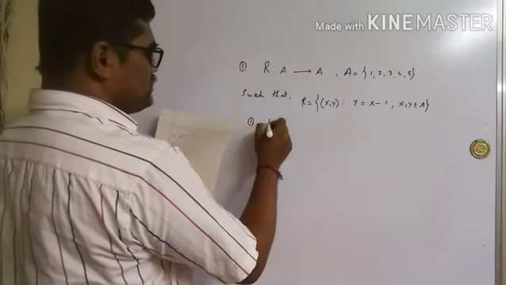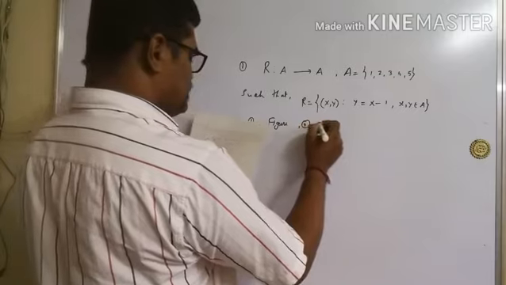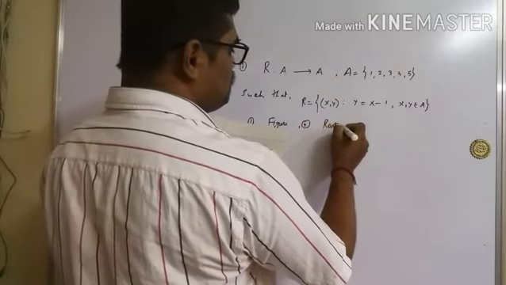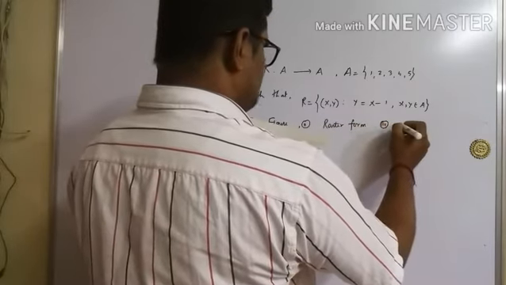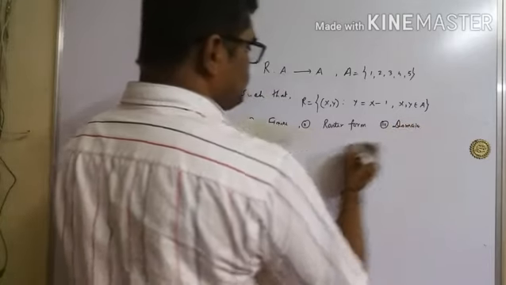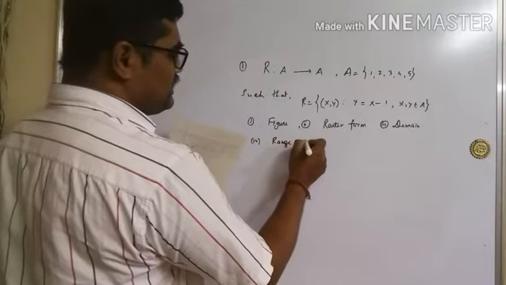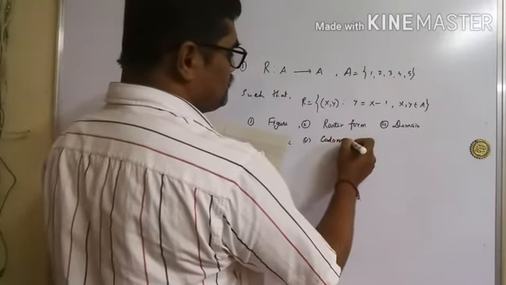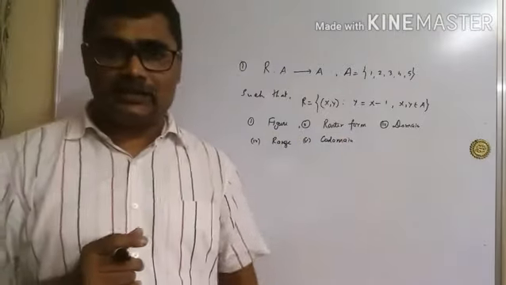First of all, depict it in an arrow diagram. I am writing it simply as figure. Then write it in roster form, which means the listing method. Next find the domain, the range, and the codomain. So these are the 5 quantities we need to find for this relation.